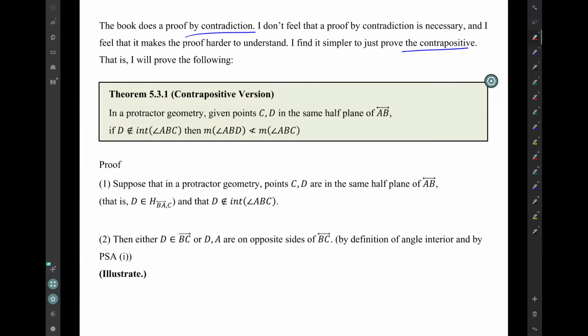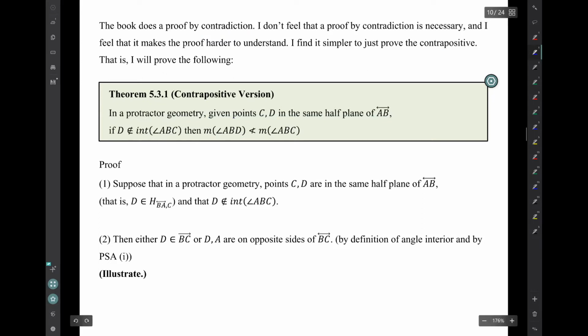The contrapositive says, if D is not in the interior, then the measure of angle ABD is not less than the measure of angle ABC. So the given stuff is still the given stuff. You have given points C and D in the same half plane. So I find it more straightforward to just prove this contrapositive.